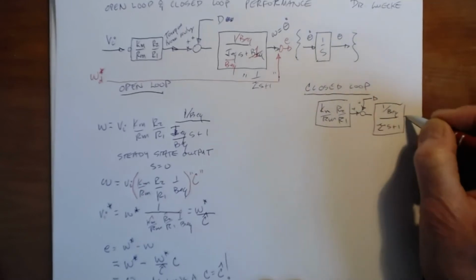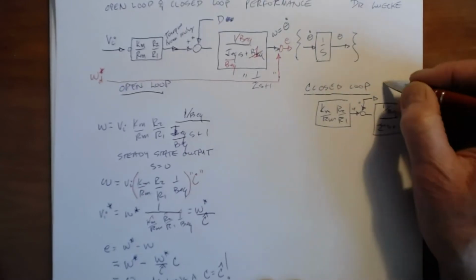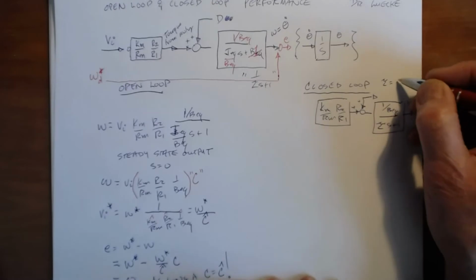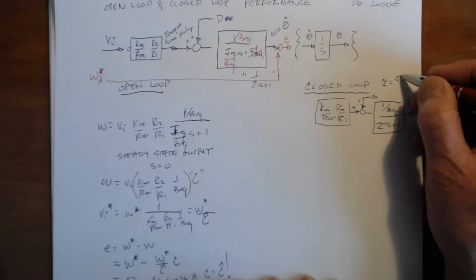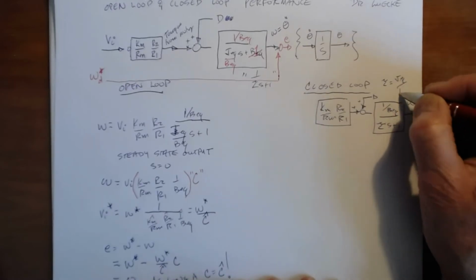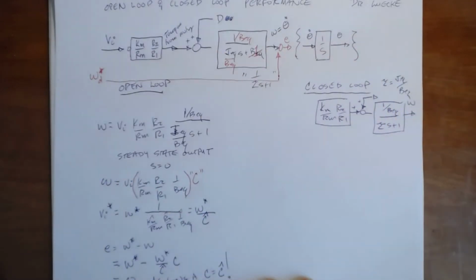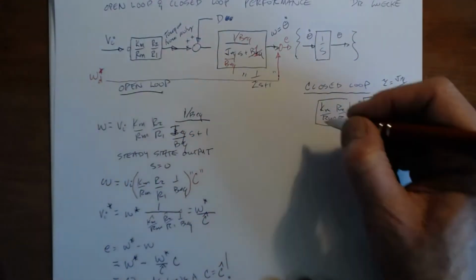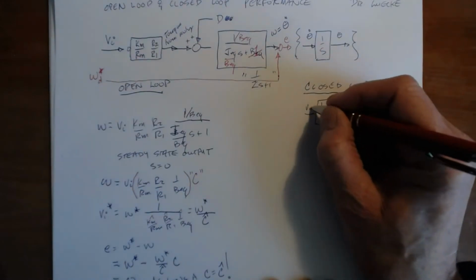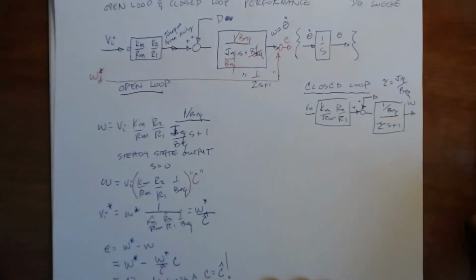And then here omega comes out. In this case, tau is equal to J equivalent over B equivalent. Right? So we've got that. What comes in here is Vn. And for my magic control law, we know how to make that.